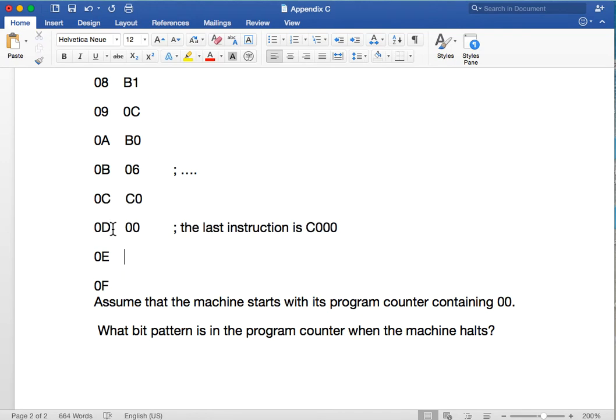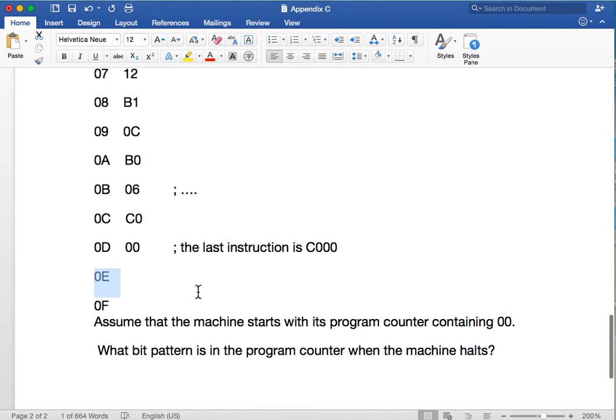The program counter will hold the next instruction to be executed, so actually it's supposed to be 0E. For this program, the answer will be 0E. When the machine halts, that means when this instruction has been executed, the program counter will hold the next address, which is 0E. That's supposed to be the answer, because after D is E, right?